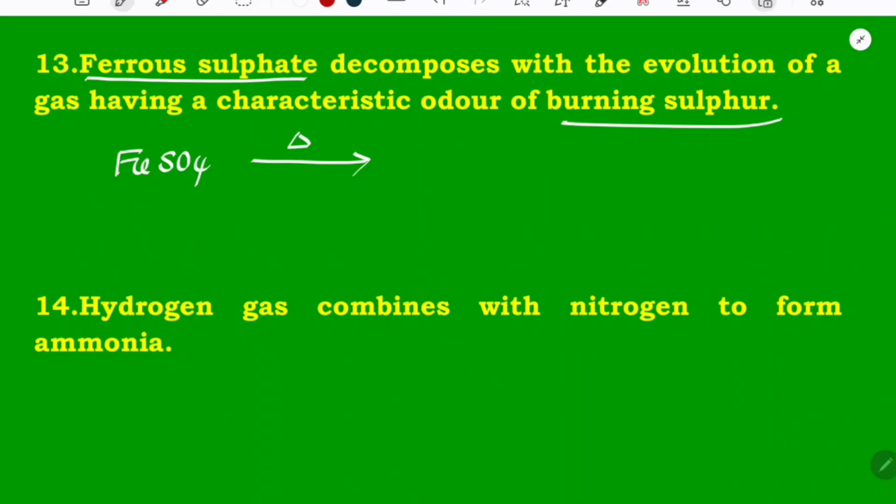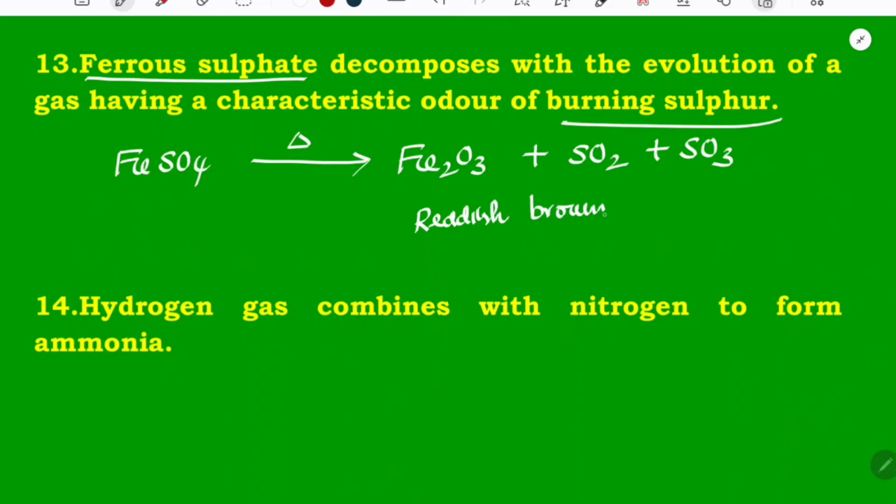When you are heating, it is decomposed to form ferric oxide, Fe2O3, then SO2 plus SO3. Ferric oxide is a reddish brown color substance, and it will be solid. These two are gases.